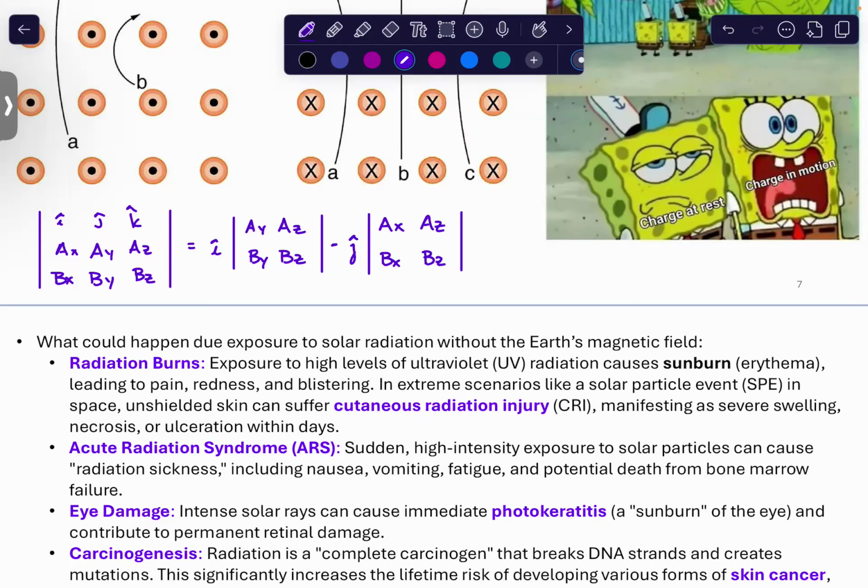And what did I leave out of that 2 by 2? Yes, the row that j hat's in and the column it's in are being left out. Then your third one, your k hat, is row one, column 3. 1 plus 3 is 4, so now you get a positive k hat.